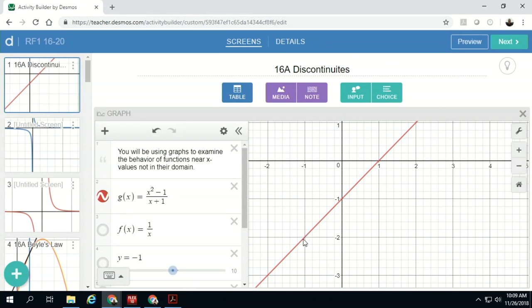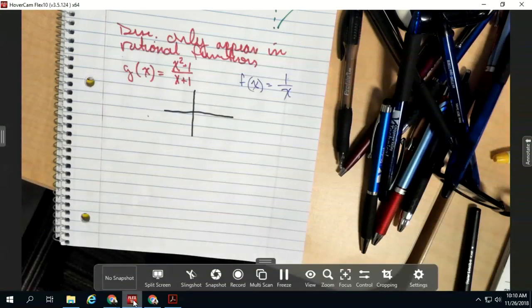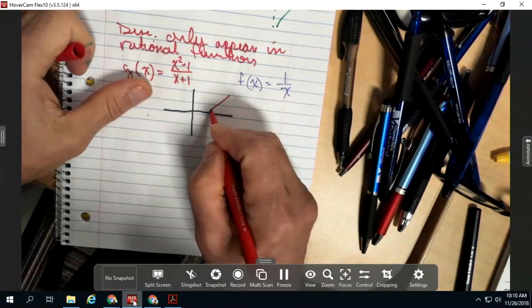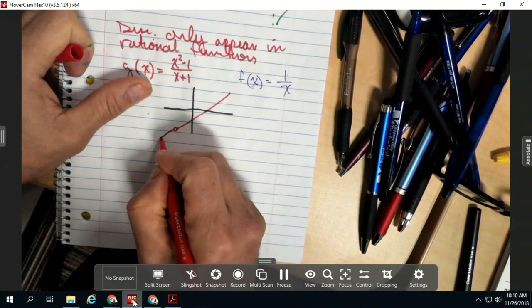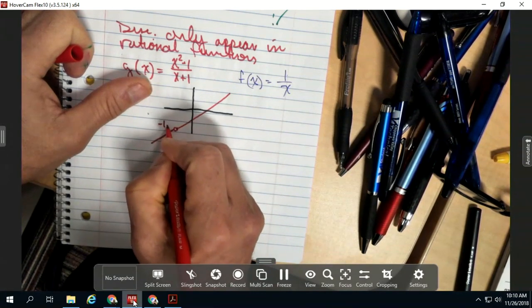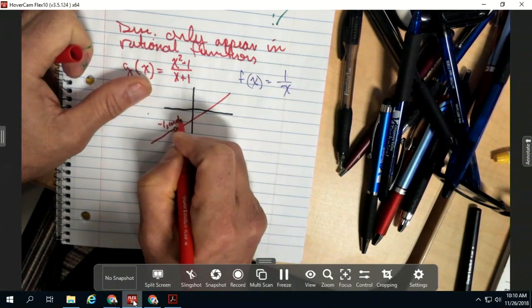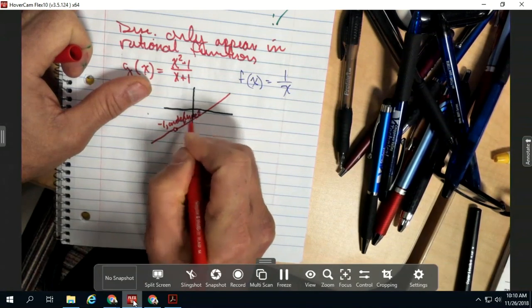I'm going to go to my graph, and I'm going to click on it. And it says negative 1 undefined. So when I graph the line, it goes like this. And then when I get to negative 1, it says it's undefined.